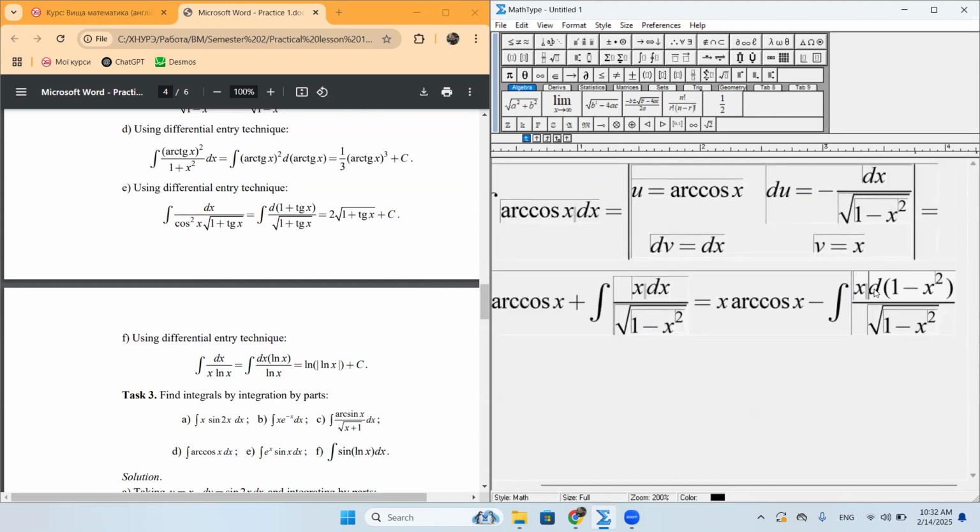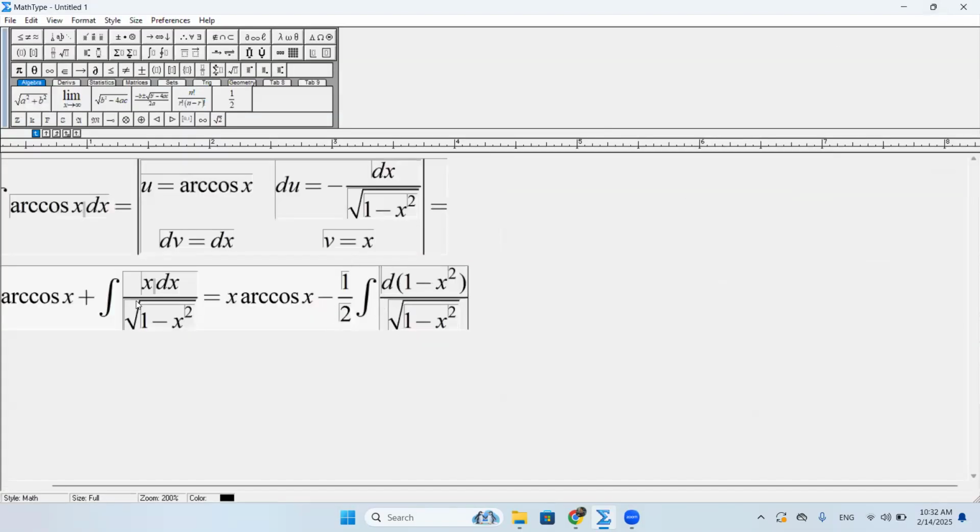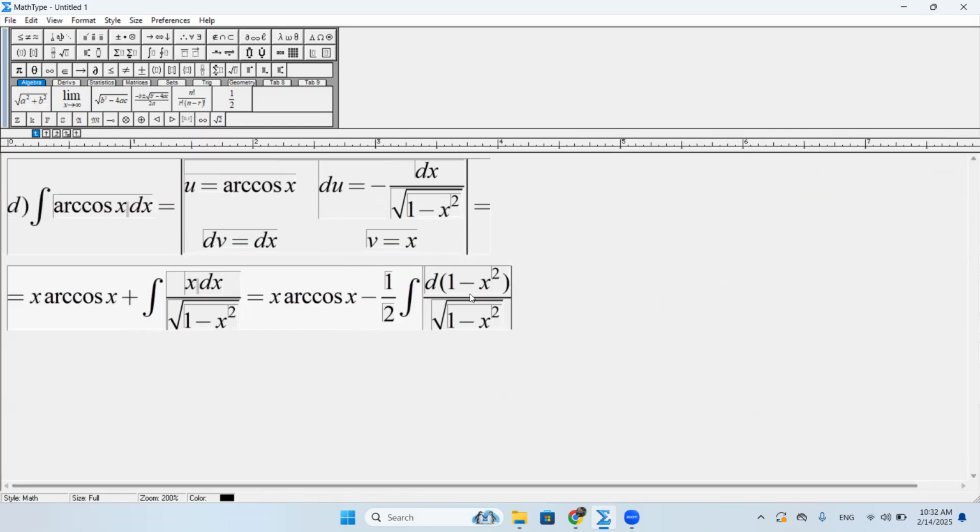Yeah, and also we need to multiply and divide by 2. So a little bit transformed this integral, but nothing changed, so equality is not broken.